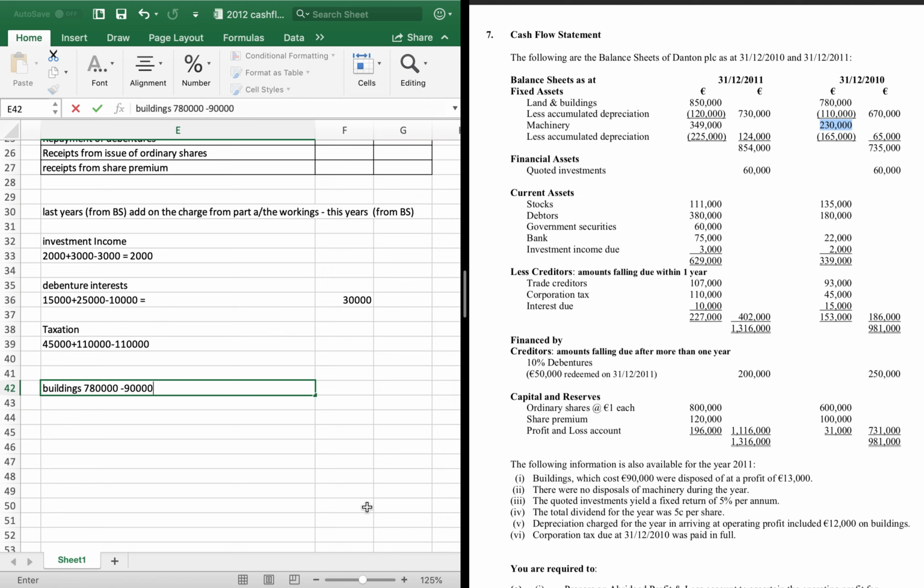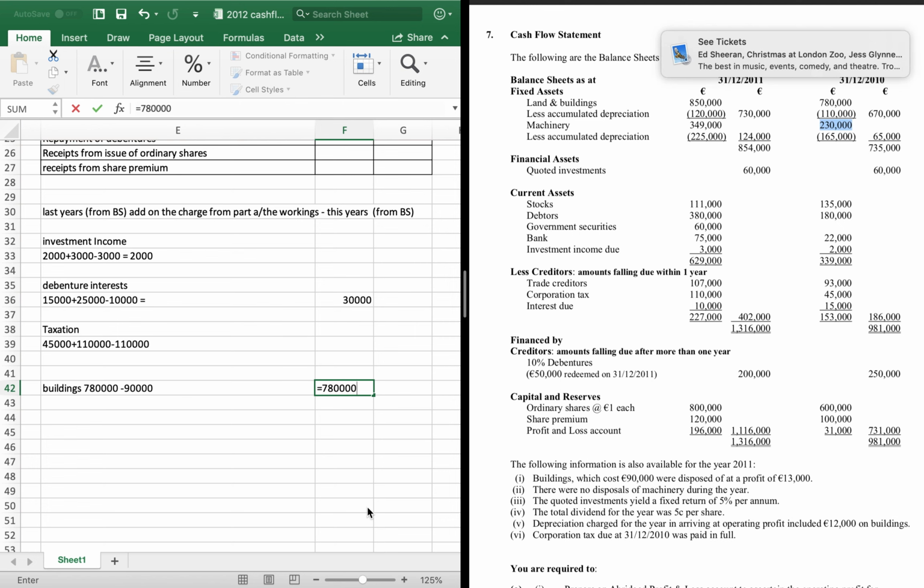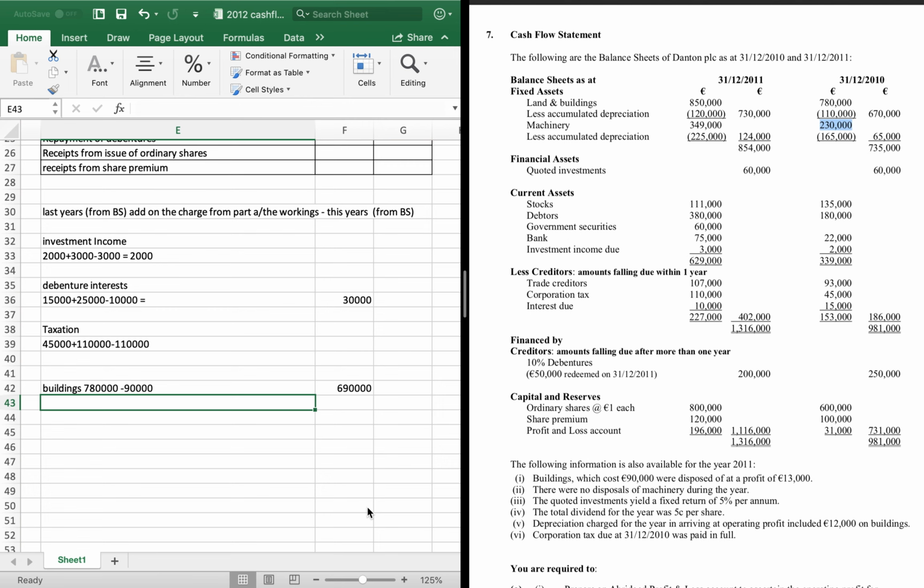So really, buildings at the start of the year 2011 are 780,000 minus 90,000.